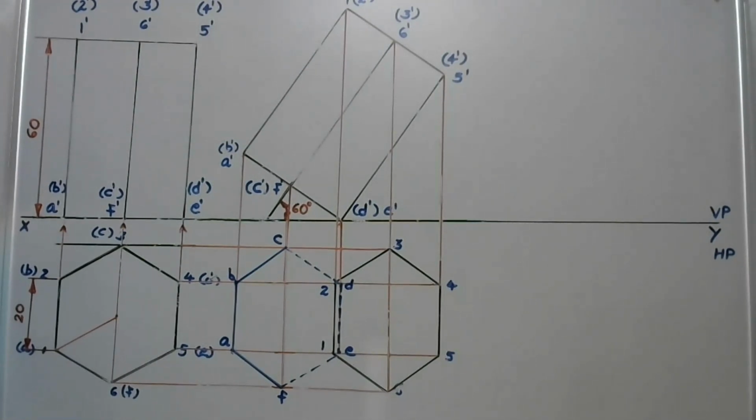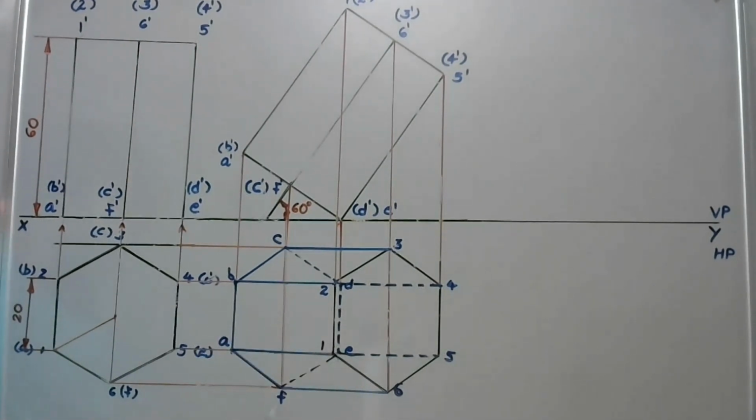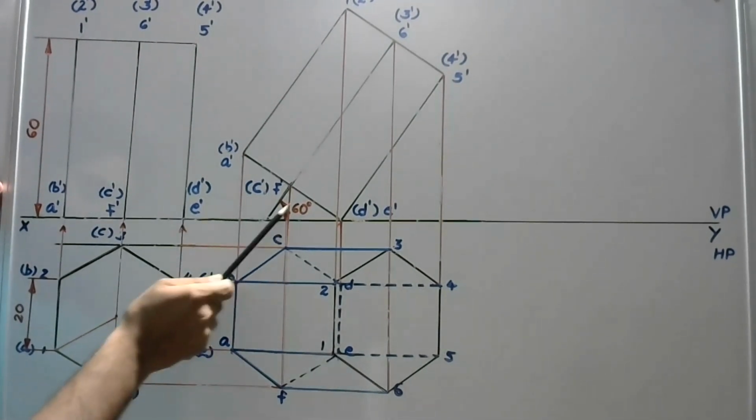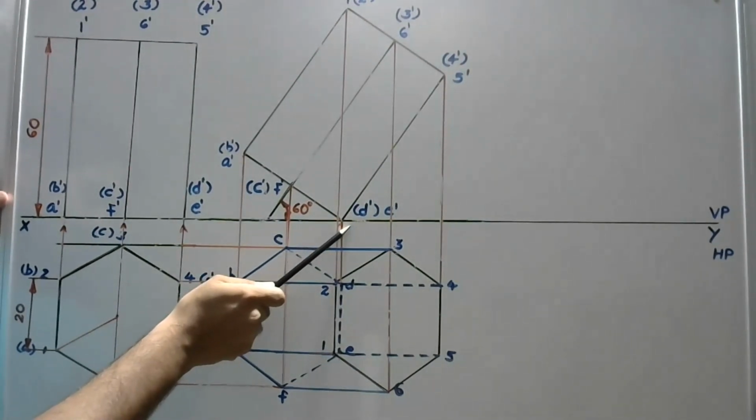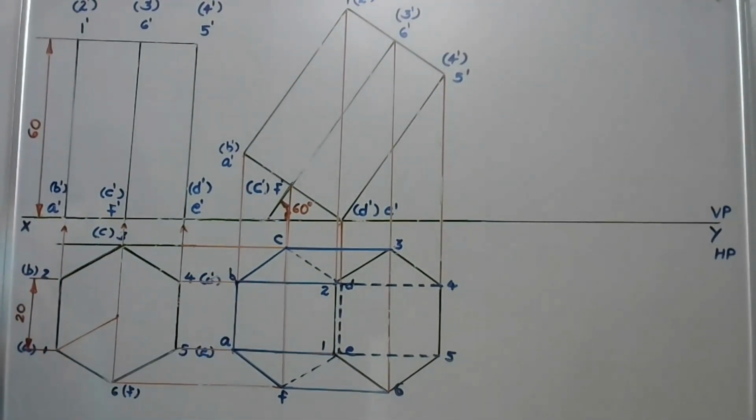Let's join the visible and invisible vertical edges on the top view. Now we completed the entire top view such that axis tilted at 60 degree, base edge D dash E dash resting on horizontal plane.